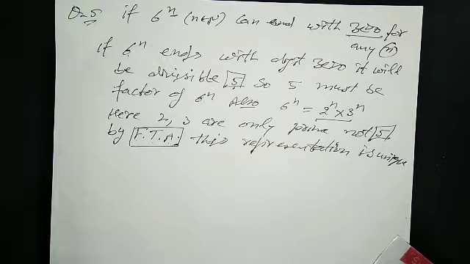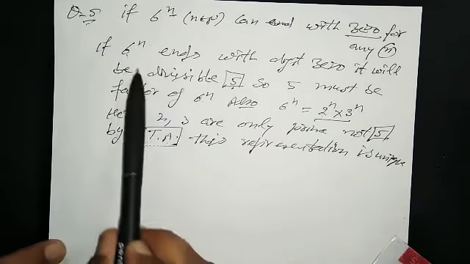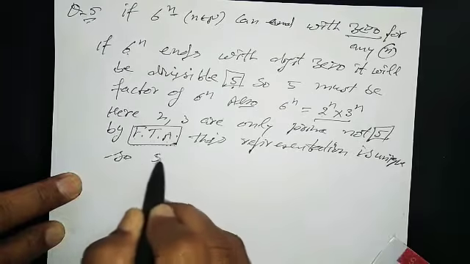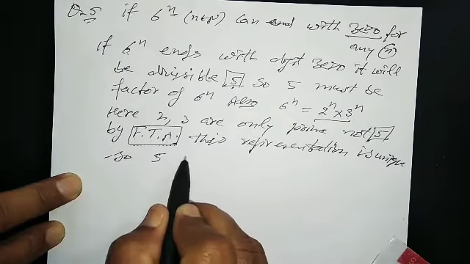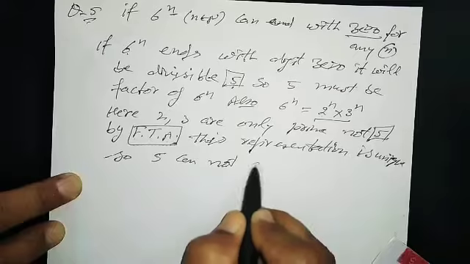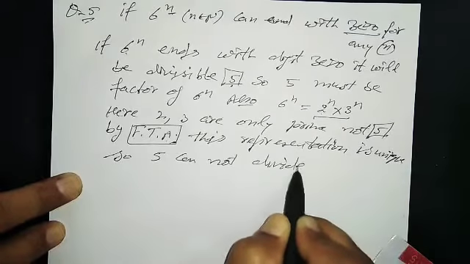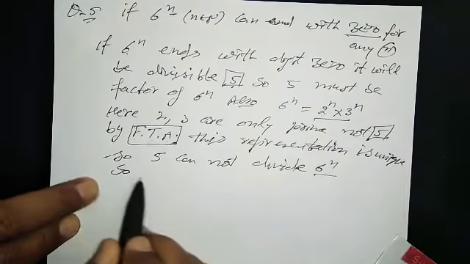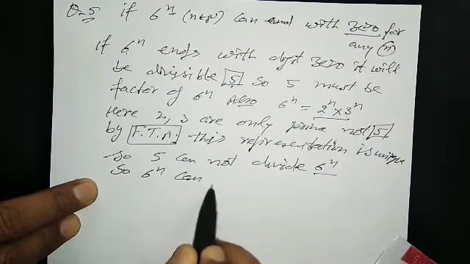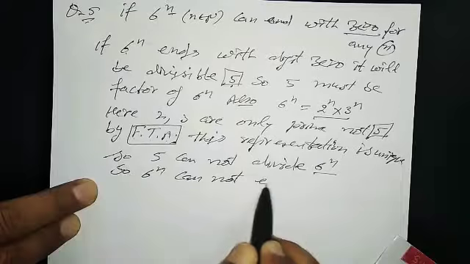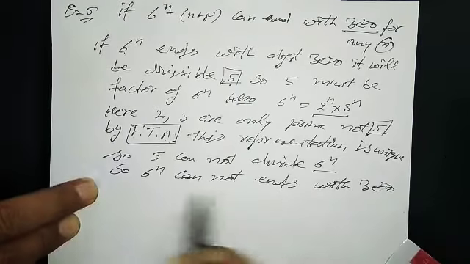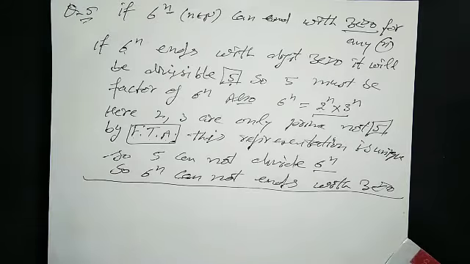So how can you say that 5 divides this number? 5 cannot divide this number, so 6 power n cannot end with 0. No chance.